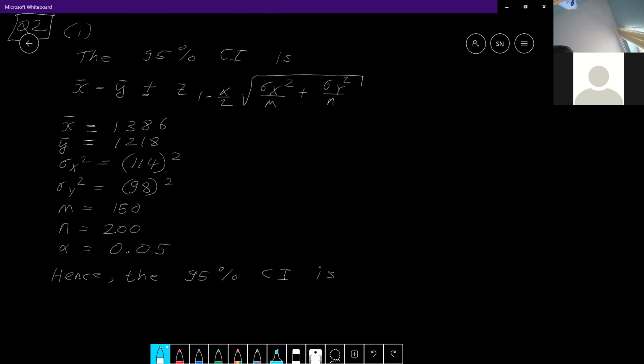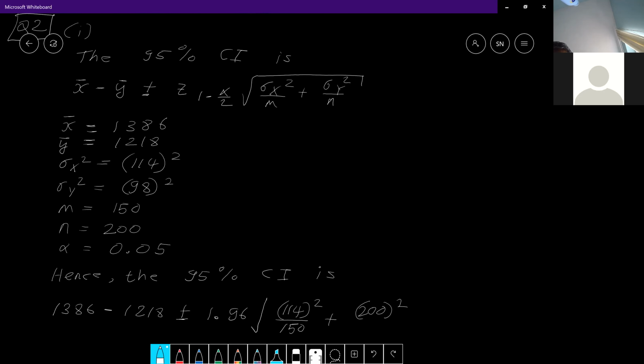It's 1386 minus 1218, plus or minus the Z value at 0.975, which is 1.96, times the square root of 114 squared divided by M, which is 150, plus 200 squared divided by 200.